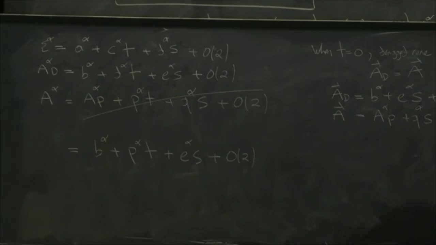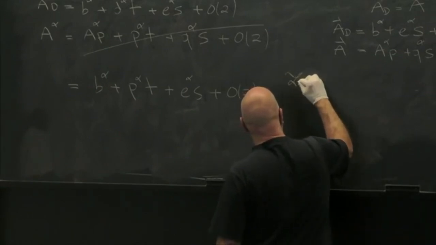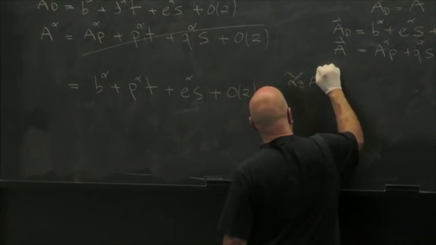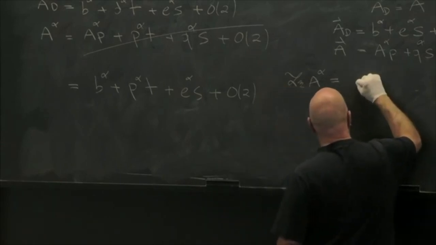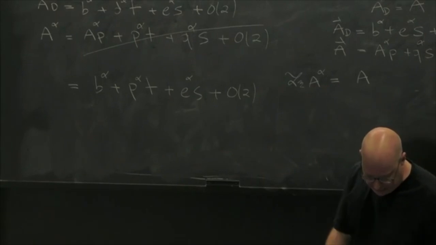All right. Well, what's the definition of the Lie derivative? The definition of the Lie derivative is that we take, I have to check again, make sure I have the right order.